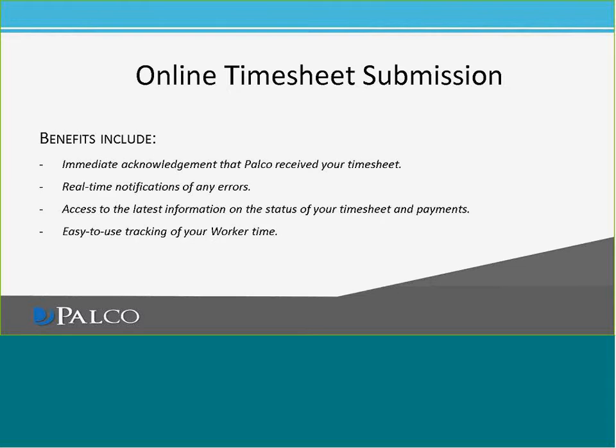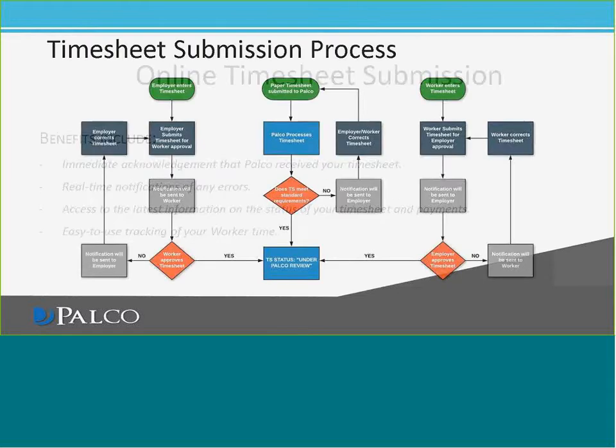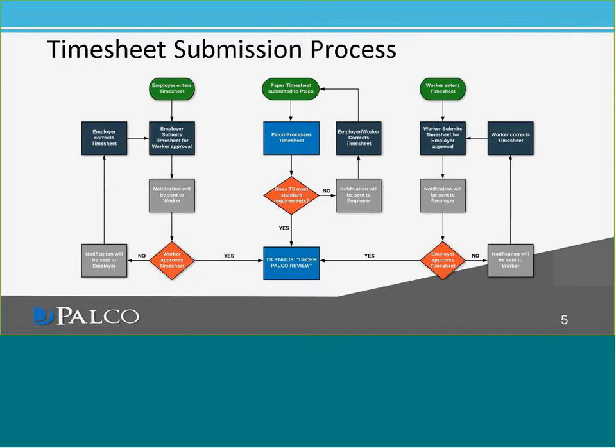Okay? So the next thing that I want to show you is the timesheet submission process. I want you to pay attention to this chart over here. We have 3 green sections here: the employer, paper timesheet, and worker.